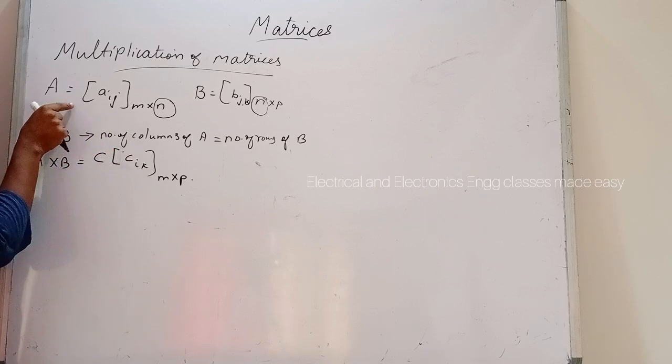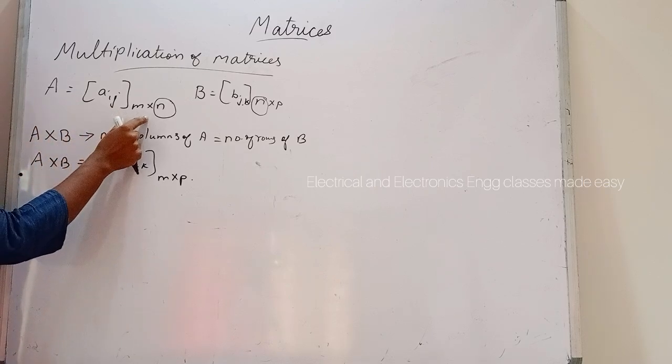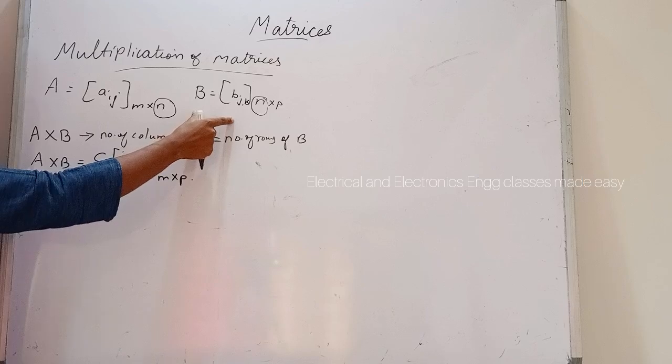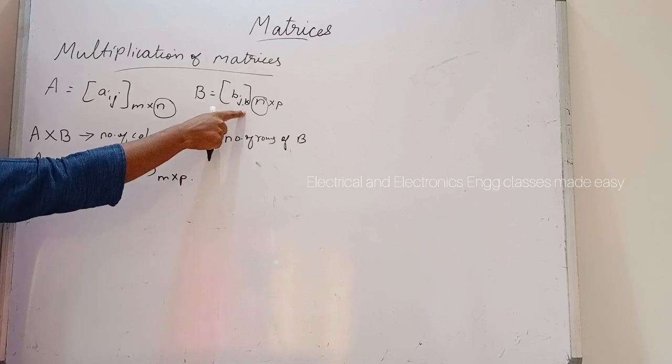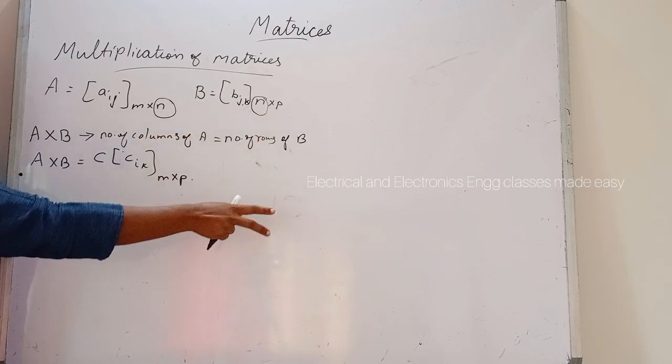So here matrix A is Aij with order m by n, and matrix B is bjk with order n by p.